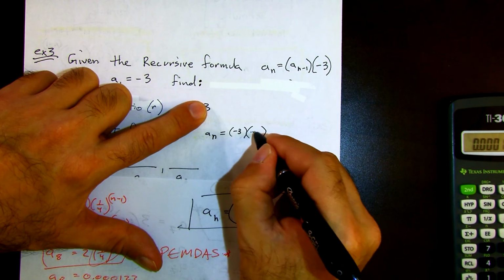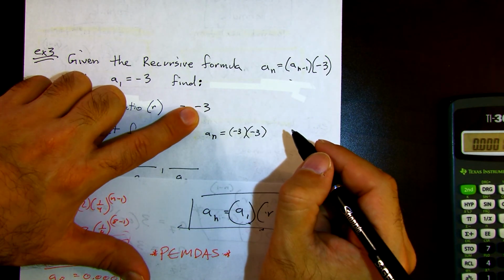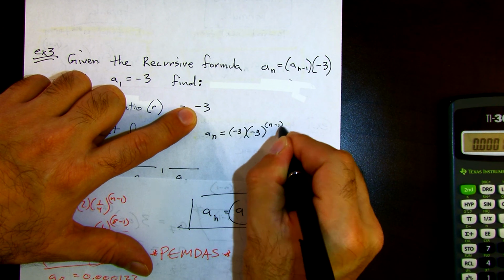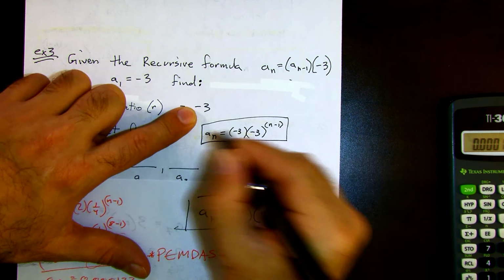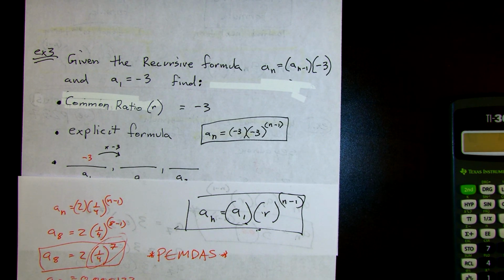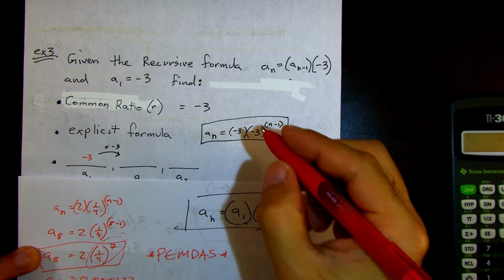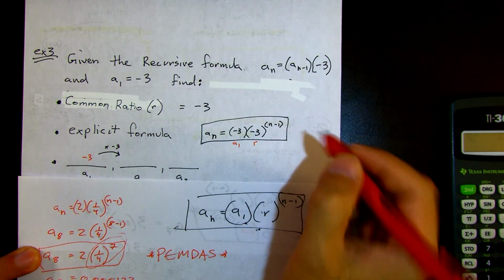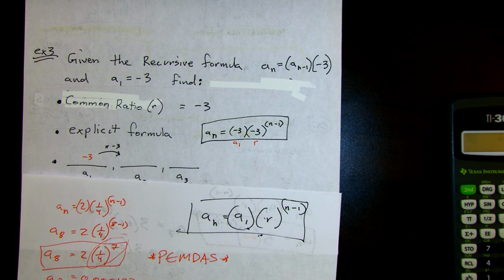The common ratio, I know as well. Common ratio is -3. And then this n minus 1 stays there. Boom, boom, boom. You see? All I did was plug in my a sub 1 and plug in my ratio. I leave the n value in there because I can now find any term I want.